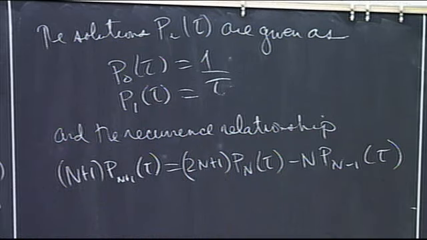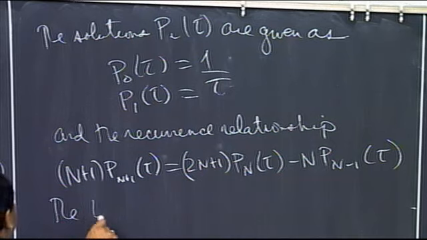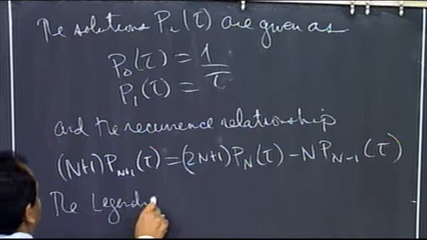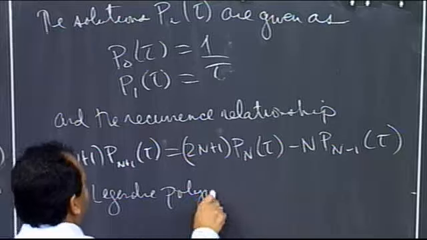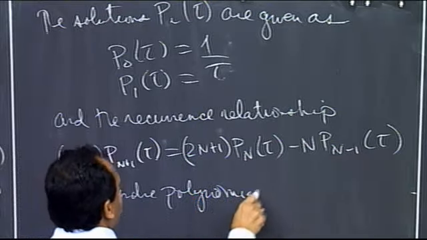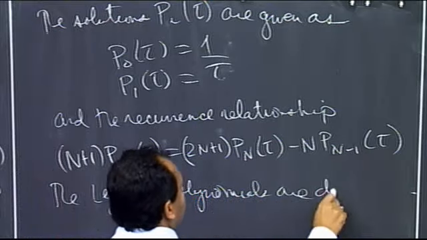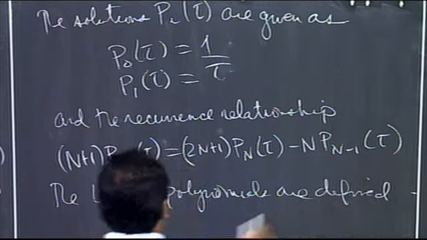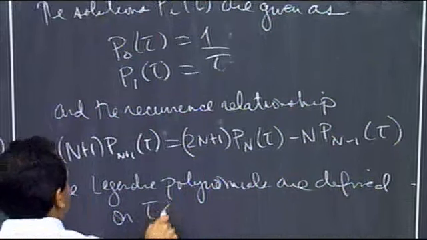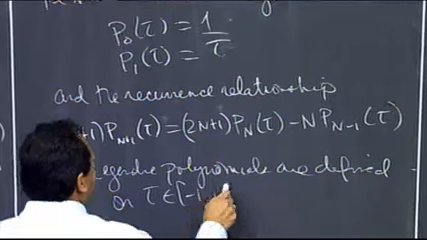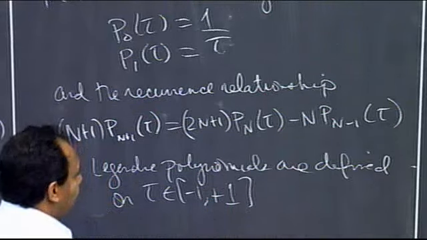All right, now, the Legendre polynomials are defined on tau in minus 1 to plus 1. That's how they're defined.